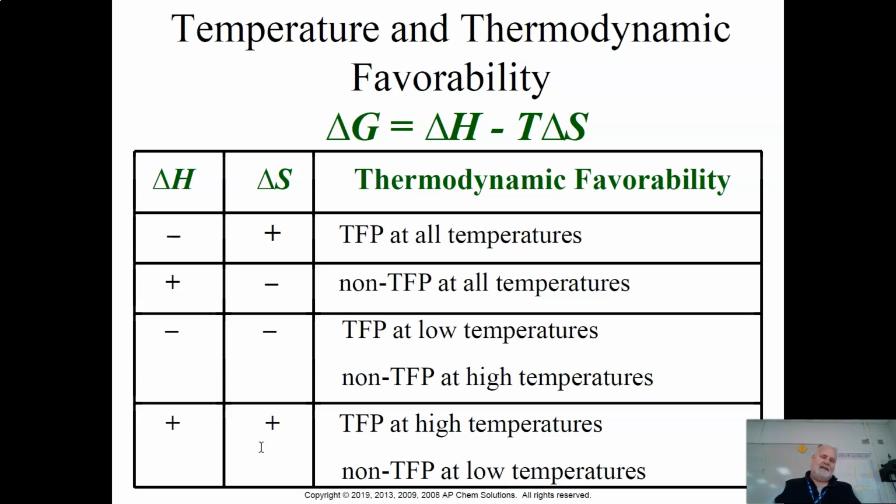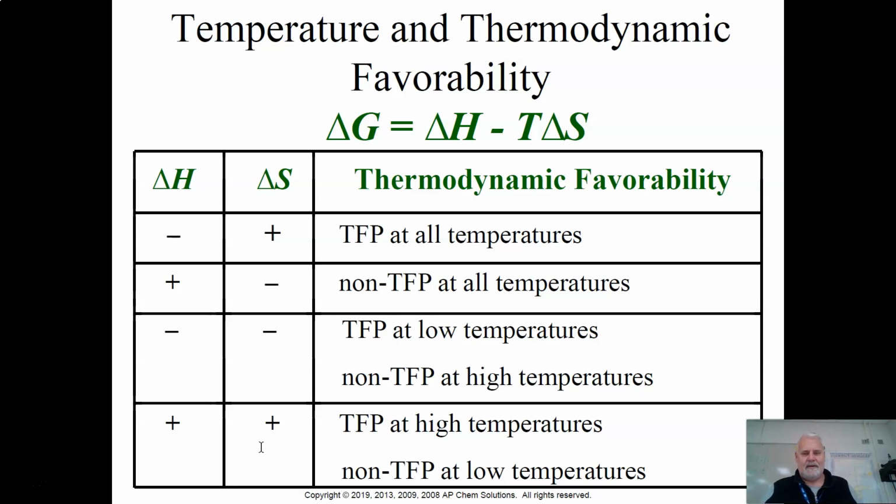You can predict, like for a multiple choice question, whether it's thermodynamically favored by using this chart. And I'd also like you to write in your notes there, memorize for AP exam. This will really help you with these types of questions.